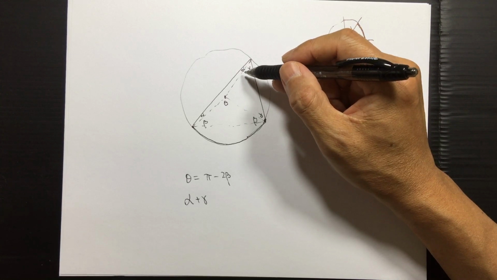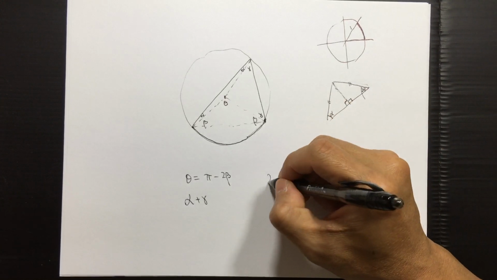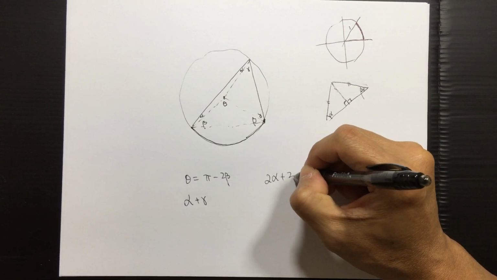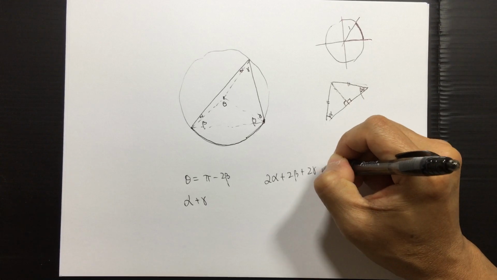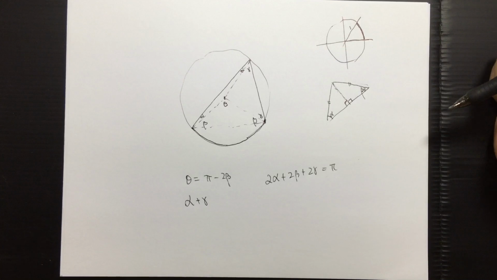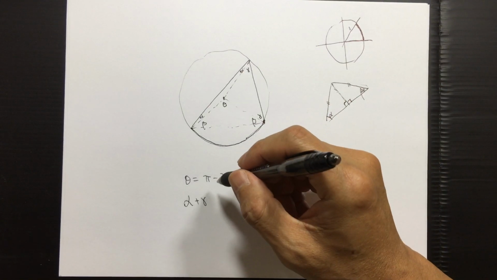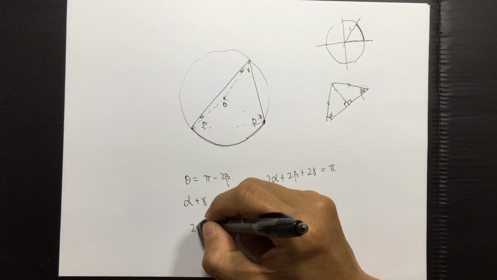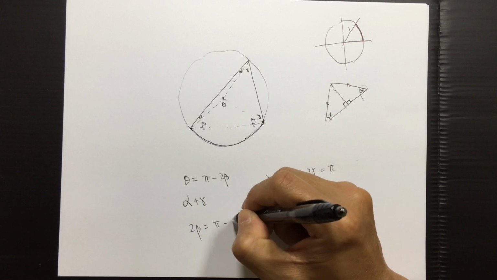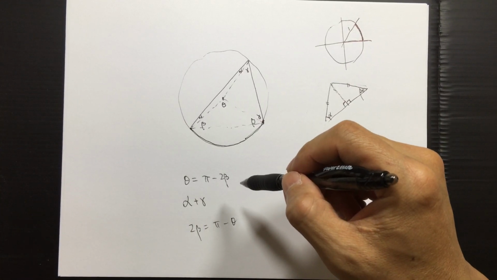In this big triangle, 2 alpha plus 2 beta plus 2 gamma is 180. From this one, we have 2 beta equals pi minus theta. We move the 2 pi over, we move the theta over.